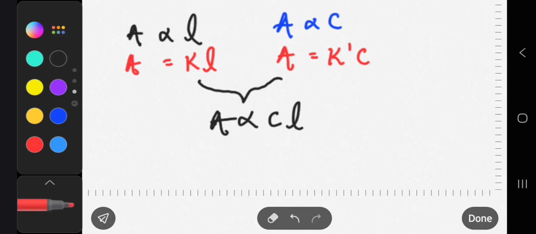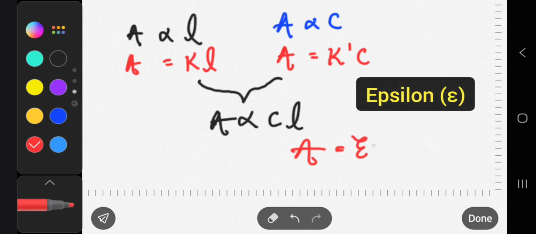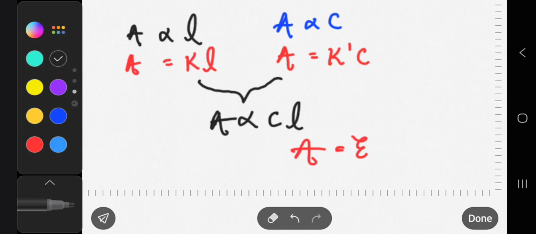So in order to eliminate this proportionality sign, we introduce a constant which is epsilon. Sorry, let me wipe this. A equals epsilon times concentration times path length. You should know this equation very well, and you should know what the individual terms stand for.